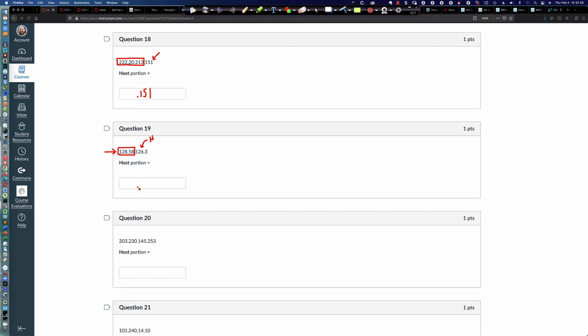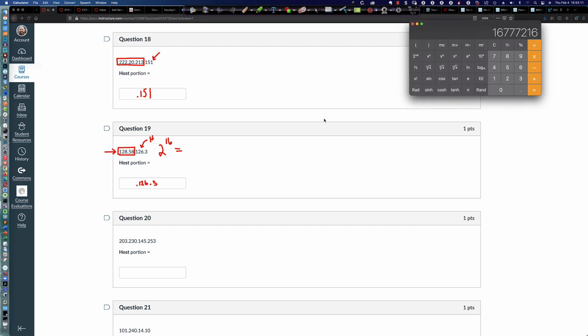And if you're wondering, well, there's 16 bits left over here, 2 full octets to represent the host portion of the network. So my answer is 126.3, but my question to you is, we're going to pull the calculator out here, 2 to the 16, how many IP addresses would we have if we were using a classful subnet mask, a /16? And that would be easy for us to figure out. We would come over here and say 2, raised to the power of 16, and that's going to give me 65,536.